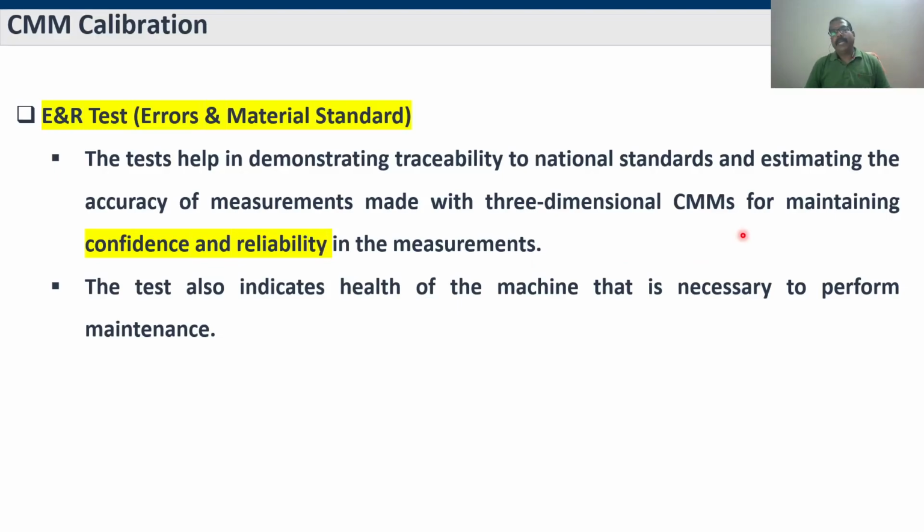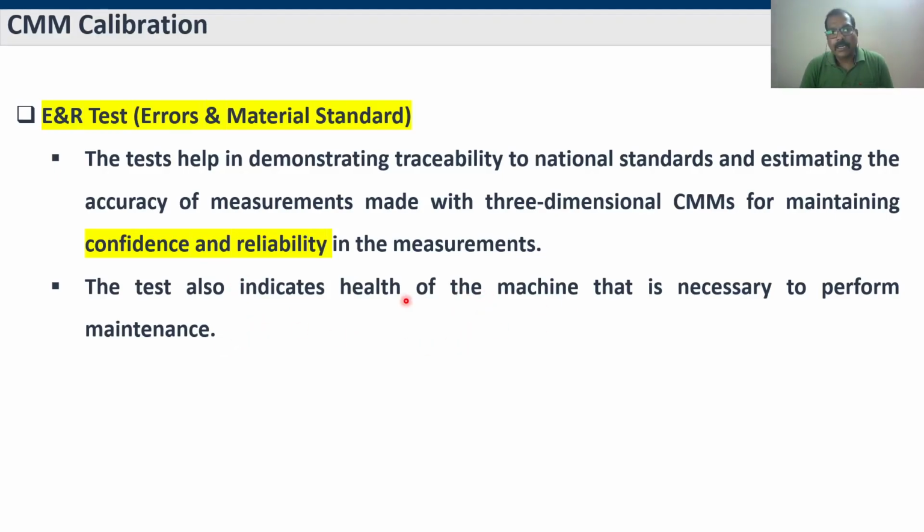So in order to maintain the confidence and reliability, you have to do the E and R test, that is the errors and material standard test of CMM, so that your confidence and reliability of measurement will go up. That also indicates the health of the machine, that is necessary to perform the maintenance.